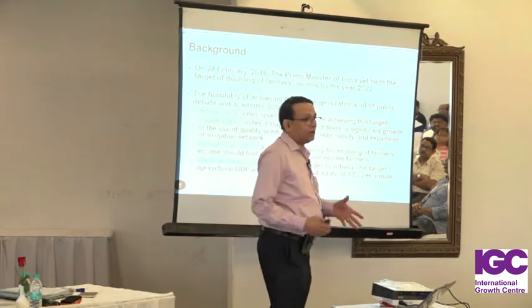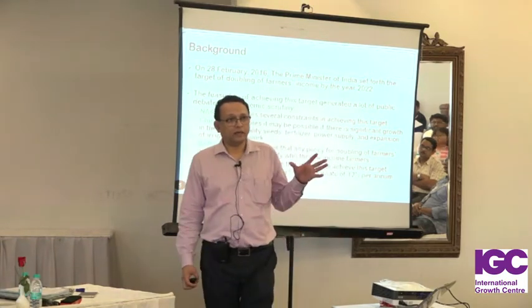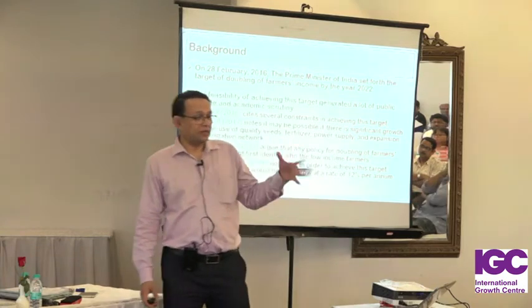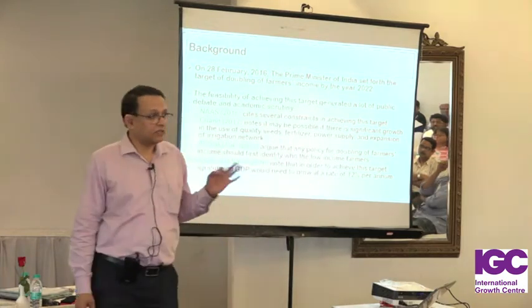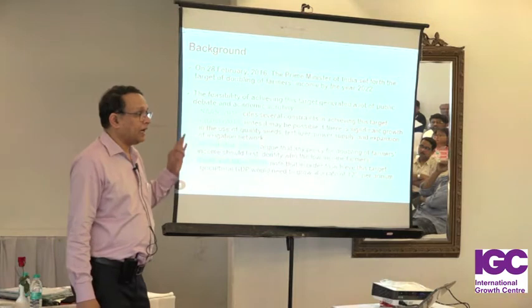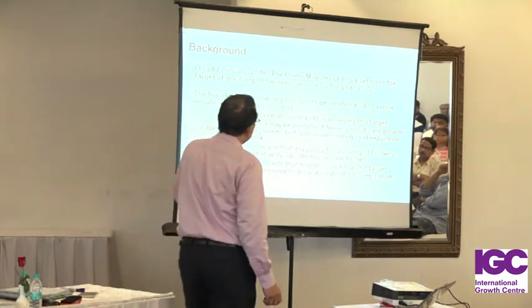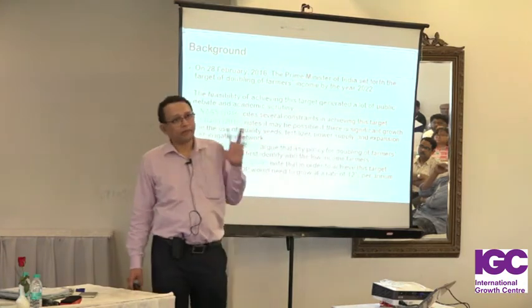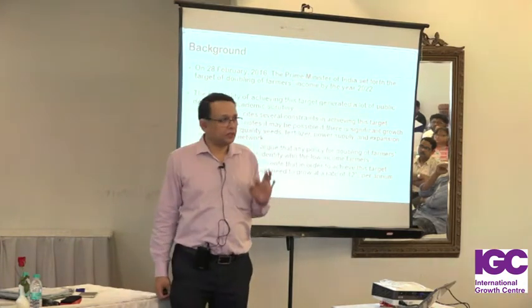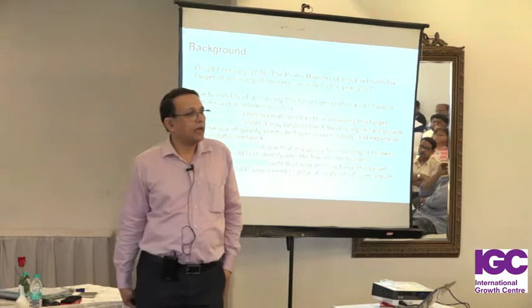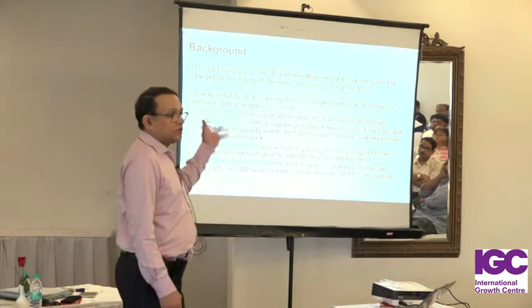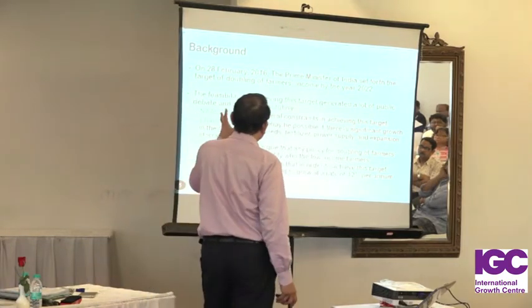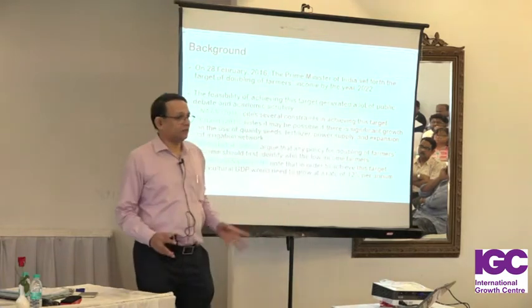We should have, and for the first time actually we had somebody, and that too at the Prime Minister level, talking of farmers' income. And in that sense, this is a qualitatively different target. That is something that needs to be kept in mind. He said it in stark terms, doubling of farmers' income, very catchy.